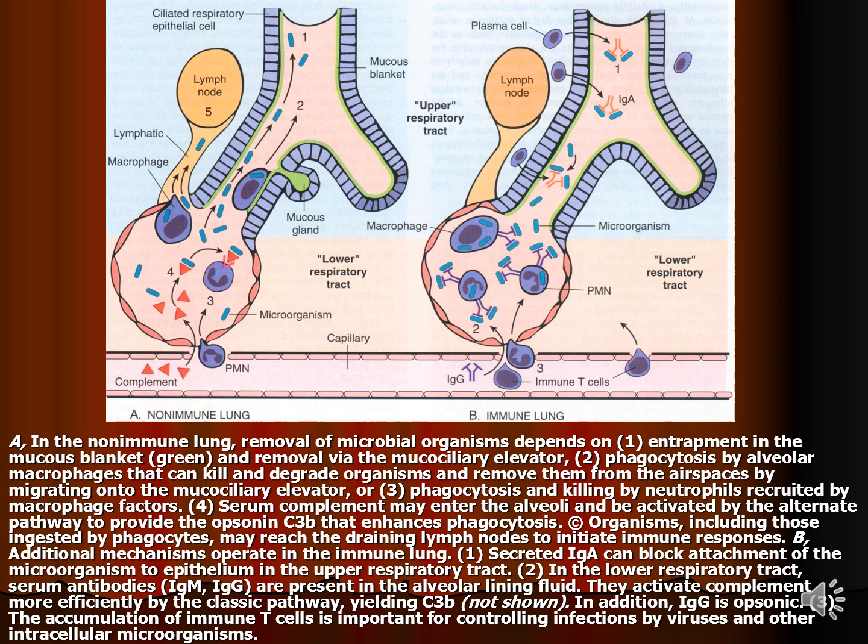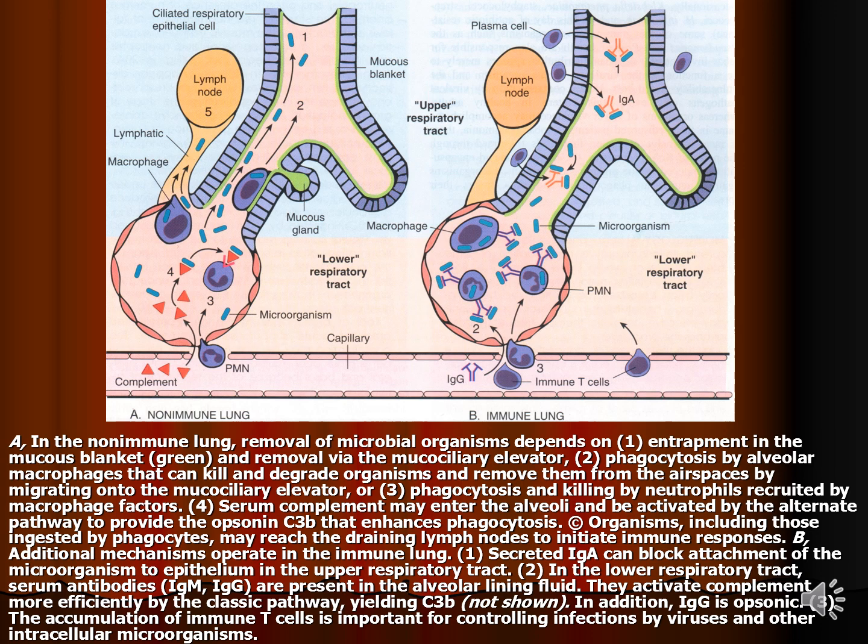Look, this picture is green, as removal via the mucociliary elevator. The second, phagocytosis by alveolar macrophages that can kill and degrade organisms and then remove them from the air spaces by migrating onto the mucociliary elevator.